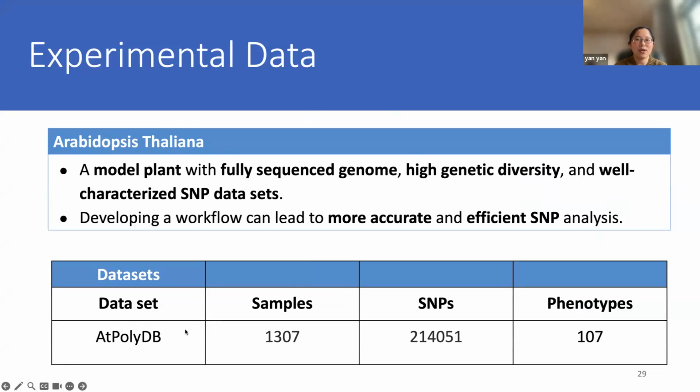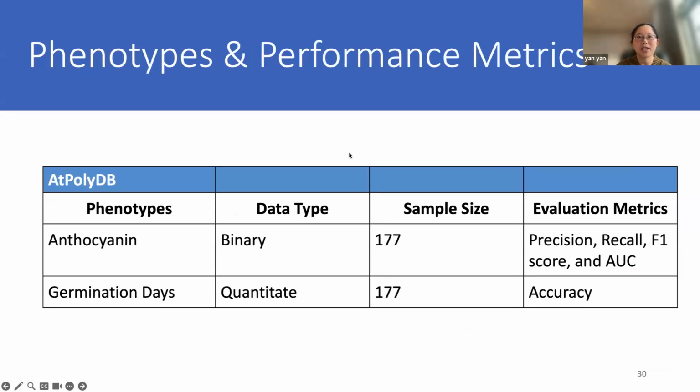Okay, so the data set we have has around 1,300 samples and more than 214,000 SNPs. So looking at the scale of that, we're also having a really limited number of samples. In her study, she looked at some other data sets, but right now we're just going to focus on this one and show you some of the results we get.